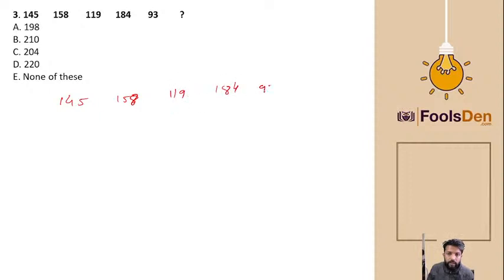Last is X. You have to find. And if you observe, the numbers are quite close to each other, just observe the difference. Plus 13. Whenever there is 13, there are two possibilities: either the numbers are multiples, or it could be a prime number. So let us observe the next difference.